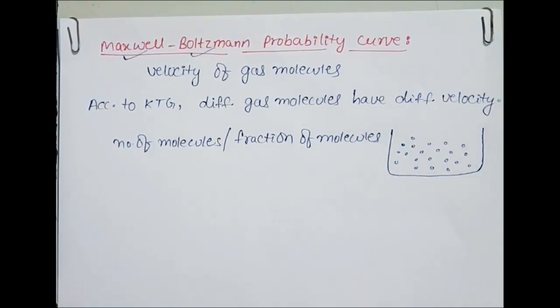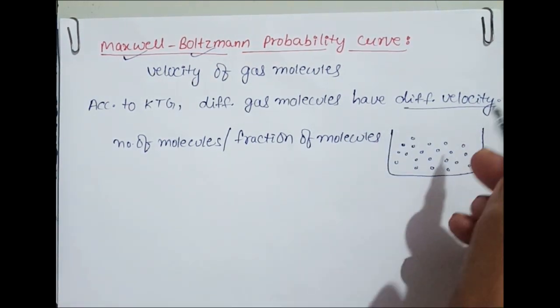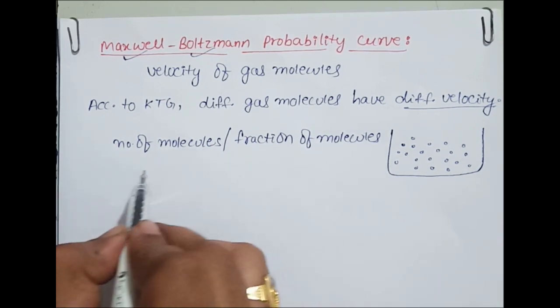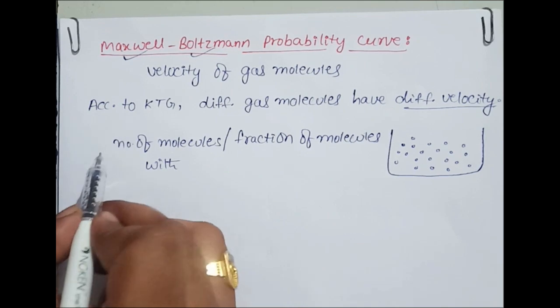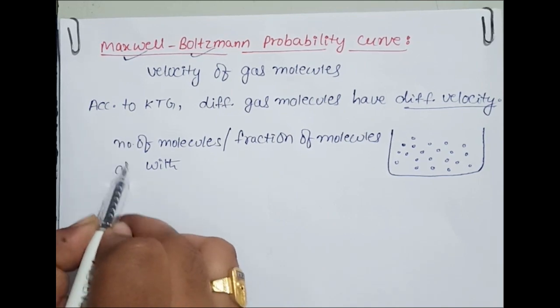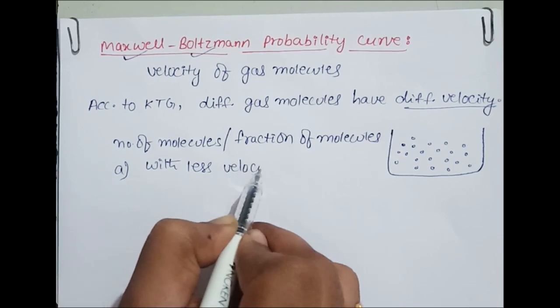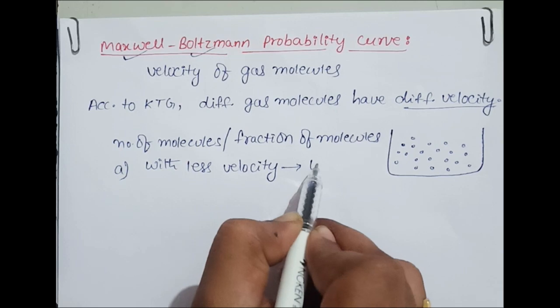In this 1 mole of molecules, all molecules have different velocity, but there will be some number of molecules with less velocity. That is what Maxwell and Boltzmann said. The number of molecules with very less velocity would be very less.